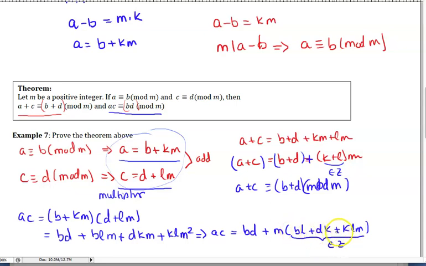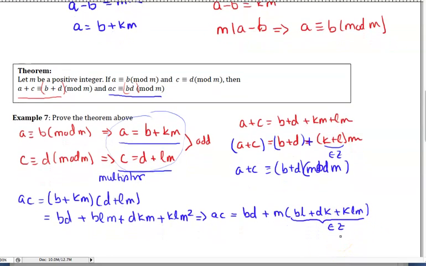Because all these letters here are integers, the sum and product, whatever this is, is also going to be an integer. So because ac equals bd plus m times an integer, that means that ac is congruent to bd mod m.